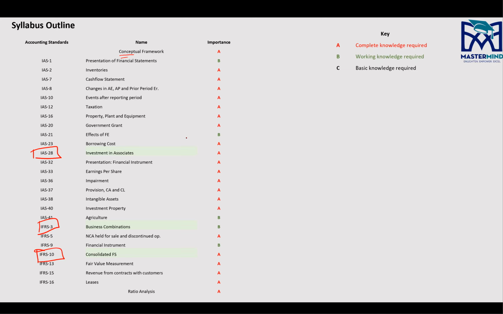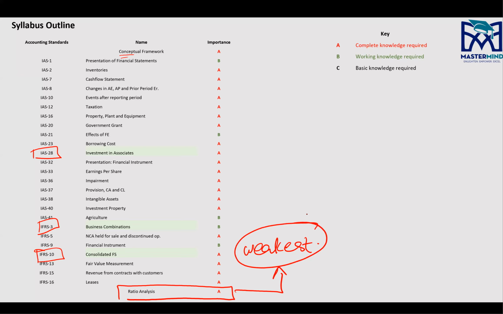All right. In the end, which I'm quoting right now, wherever you go, remember this area is the weakest. I have already witnessed it, I know it, but this is what the examiner also says, right? I call it ratio analysis, but the name of the topic is interpretation of financial statements, right?